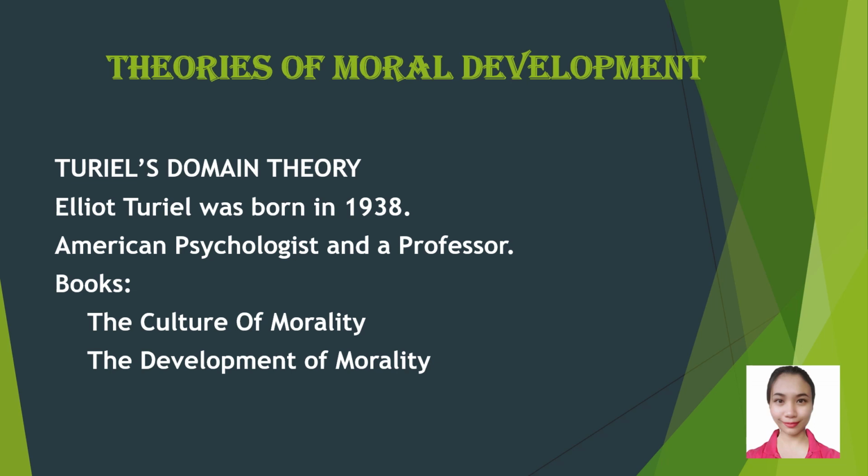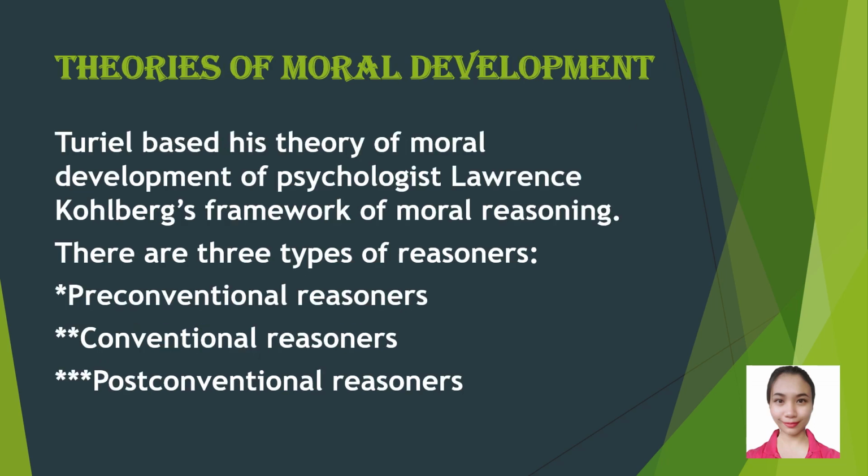So for the theories of moral development, let's go for the theory of Turiel. Turiel, class, based his theory of moral development on psychologist Lawrence Kohlberg's framework of moral reasoning. So yung theory ni Turiel class is similar with the theory of Lawrence Kohlberg.